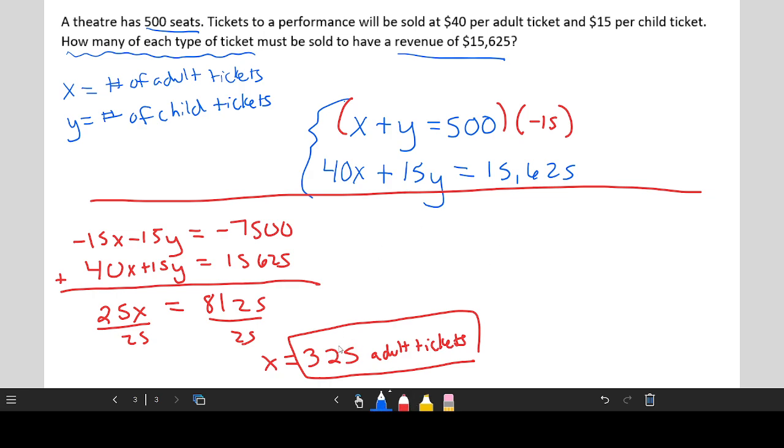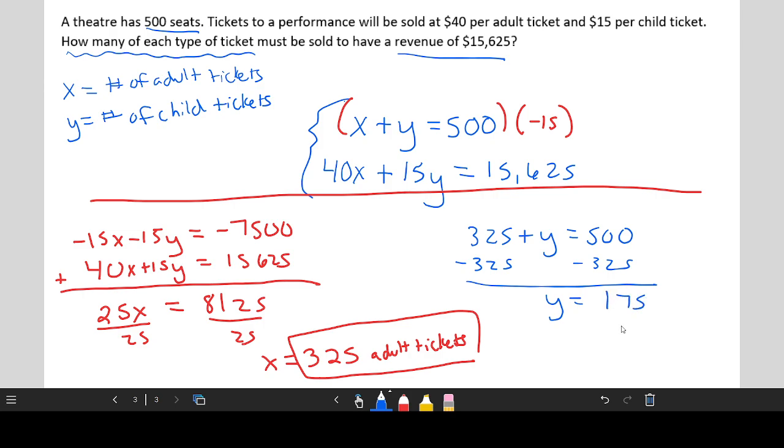So we can substitute the 325 for x. I'm going to use that really nice equation there, x plus y equals 500. That was just from the fact that we have 500 seats. So if we have 325 adults, subtract that from 500, then we'll have room for 175 children.